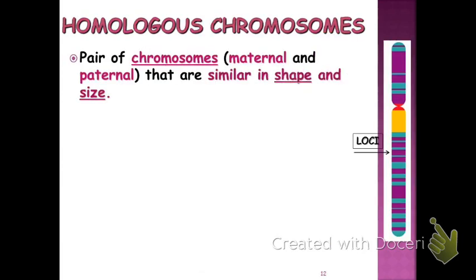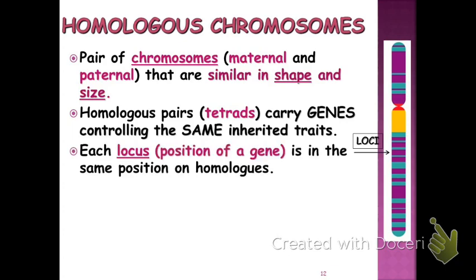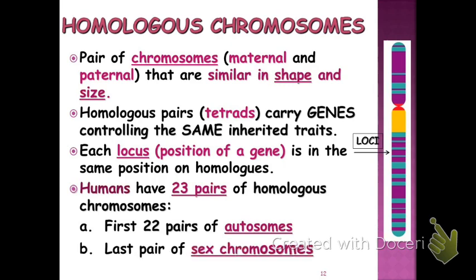Okay, so again, a homologous chromosome is a pair of chromosomes, maternal and paternal, right, from your mother and father, that are similar in shape and in size. So they carry genes controlling the same traits. Each position of a gene is in the same place on each of the chromosomes. So you're going to have 23 pairs of homologous chromosomes, 23 total pairs. The first 22 are called autosomes.